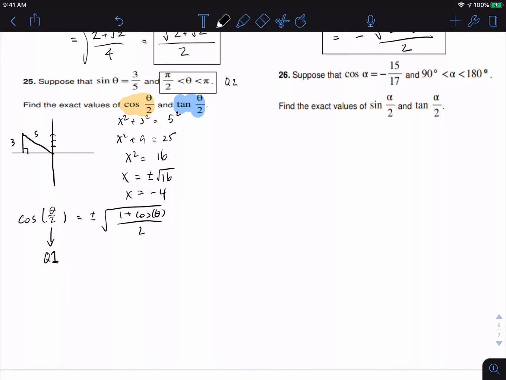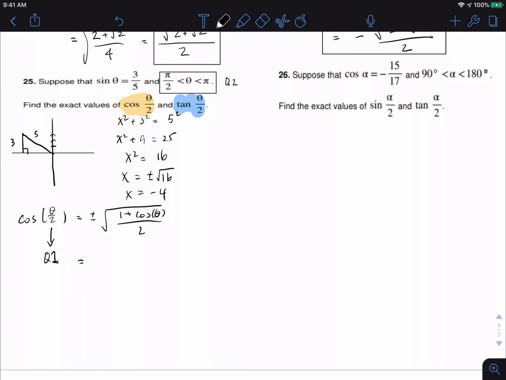So that tells me then if we're in quadrant 1, shouldn't our result end up being positive? So when I plug in values, I'm going to end up with a positive root answer. But I'll just demonstrate it.